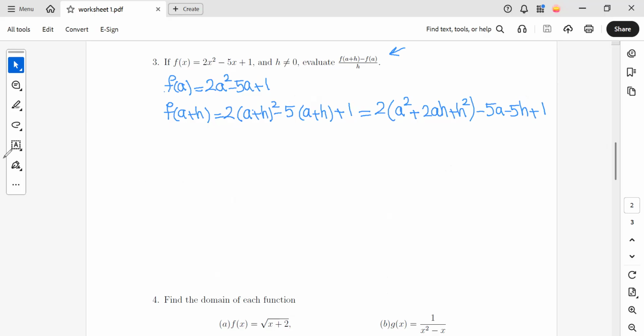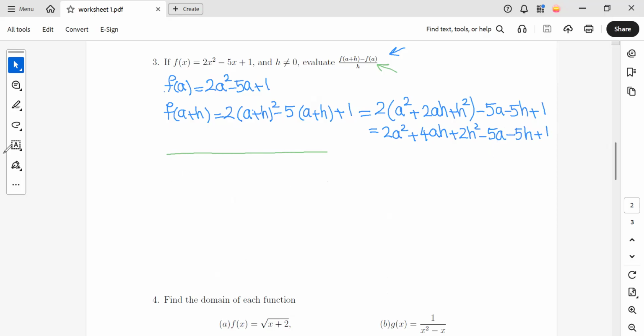Now I want to rewrite this quotient. What is f of a plus h? Is this here? Also, I can distribute 2. So it would be 2 times a squared plus 4 times a times h plus 2h squared minus 5a minus 5h plus 1.